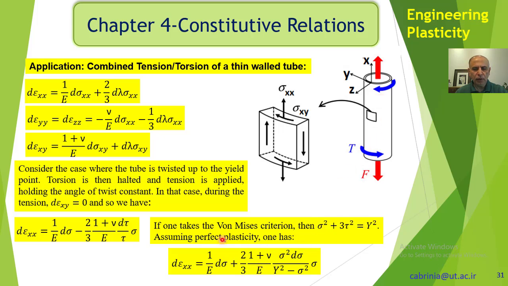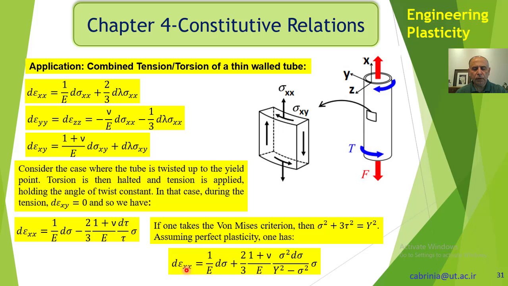So if we take the perfect plasticity, then d epsilon xx, this formula becomes this, because we have this d tau over tau, so we could get it from here. This d tau over tau, we get it from here, substitute here, and you get this one.